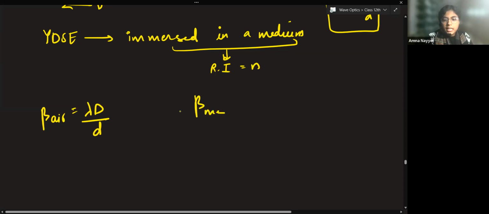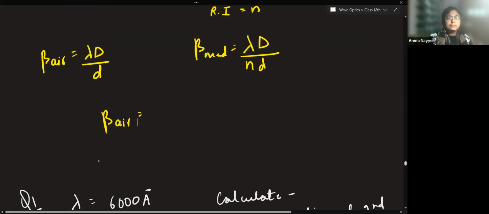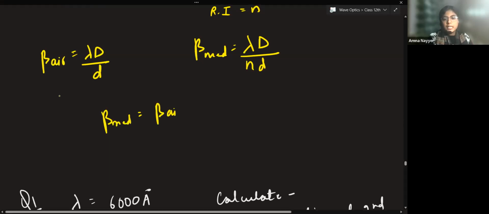Beta in any other medium will be this entire thing divided by the refractive index, if refractive index is n. So let's write it for some medium. Beta for some medium will be beta in air divided by the refractive index.